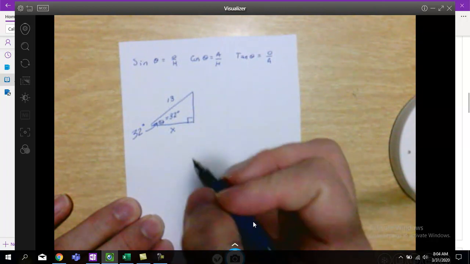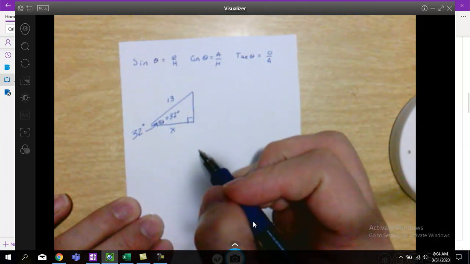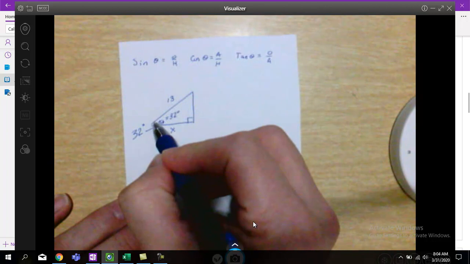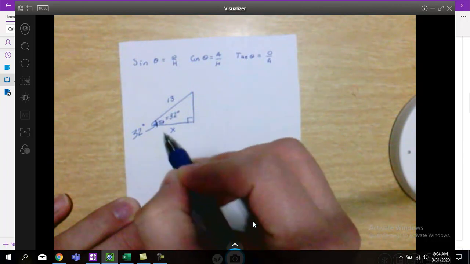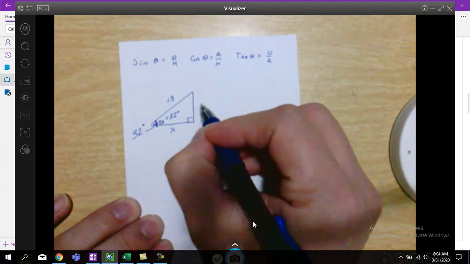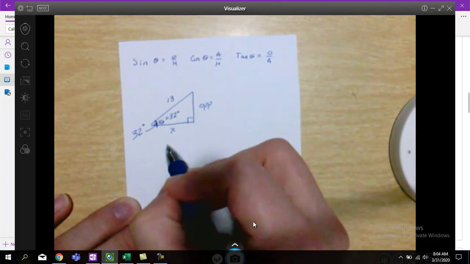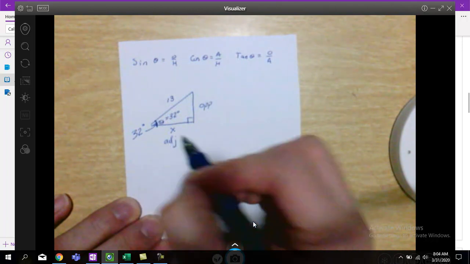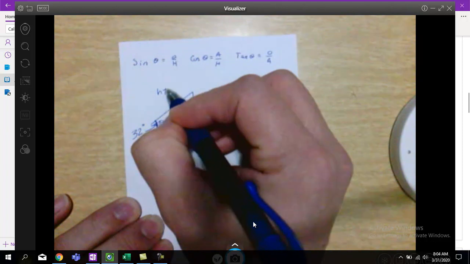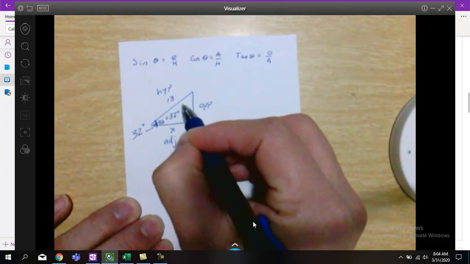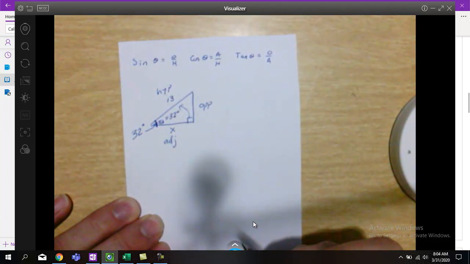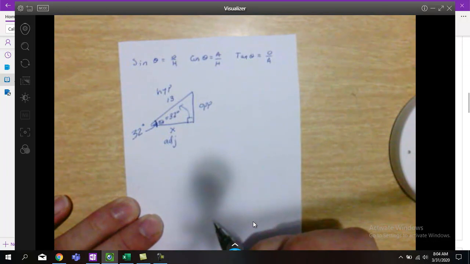First, we're going to acknowledge which sides of the triangle we're talking about. This angle theta right here is our reference point, and this would be the opposite side. This would be the adjacent side, and of course, 13 is our hypotenuse. We know it's the hypotenuse because it's across from the 90-degree angle.